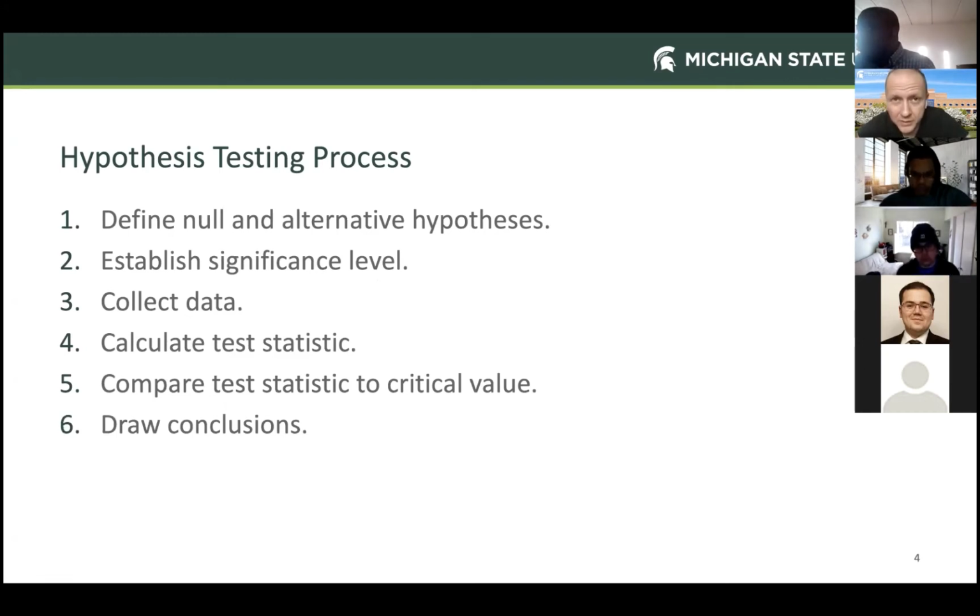Typically, we're going to either reject the null hypothesis, which means that we found sufficient evidence to refute, for example, the statement that the means are equal between two samples. If we don't collect sufficient evidence in order to reject the null, what do we claim then? Are we accepting the null hypothesis?